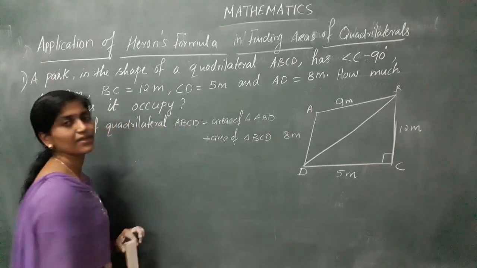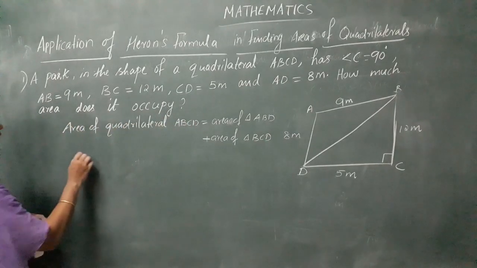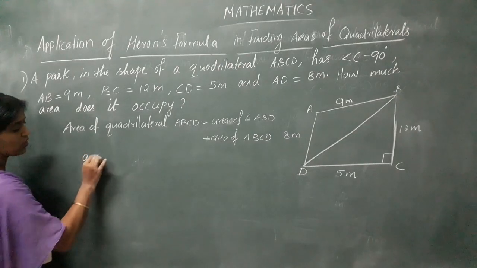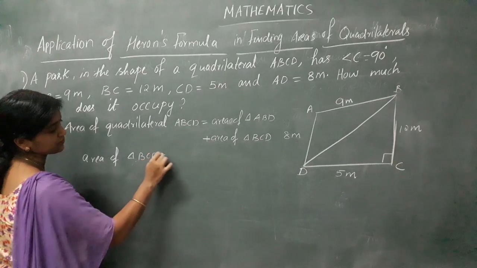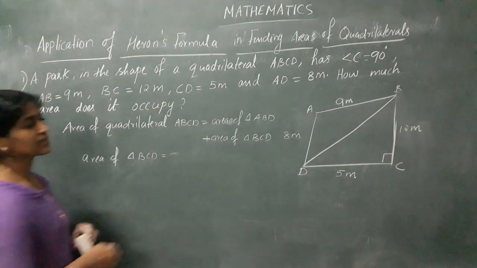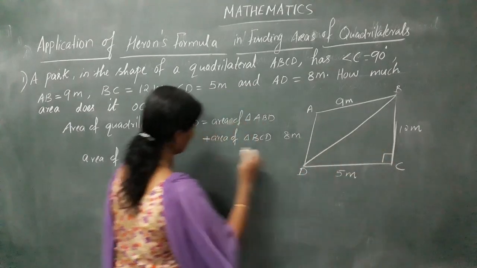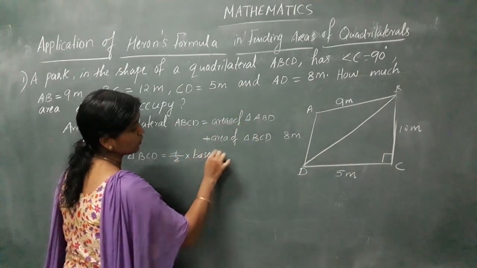So this BCD is a right angle triangle. So first I am going to find its area. So directly I find the area of triangle BCD first. This is equal to, since this is a right angle triangle, I can use the formula of base into height.